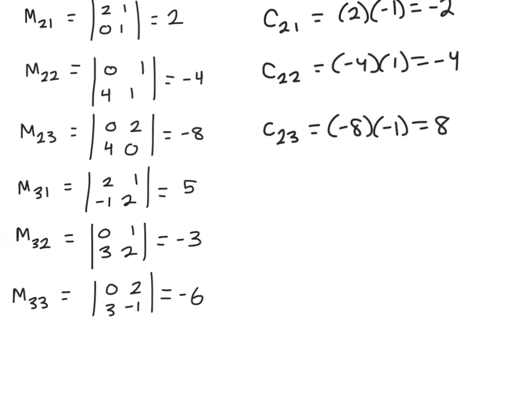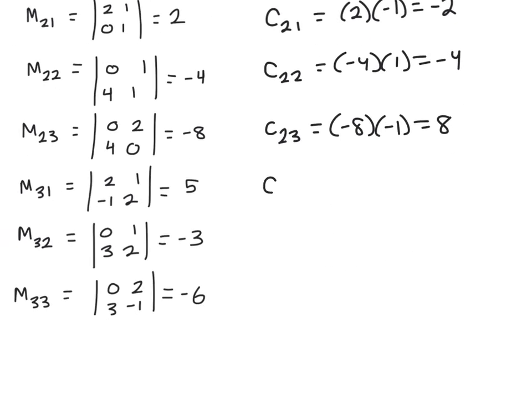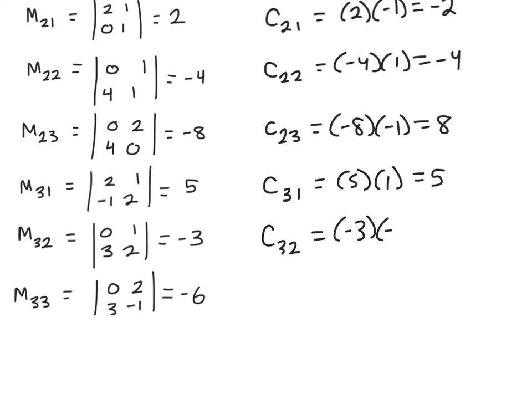And moving on to our last row, the cofactor of element 3, 1. The sum is even, so it will stay the same. For 3, 2, the sum is odd, so the sign will change. And for element 3, 3, the sum of 3 and 3 is even, so our number stays the same.